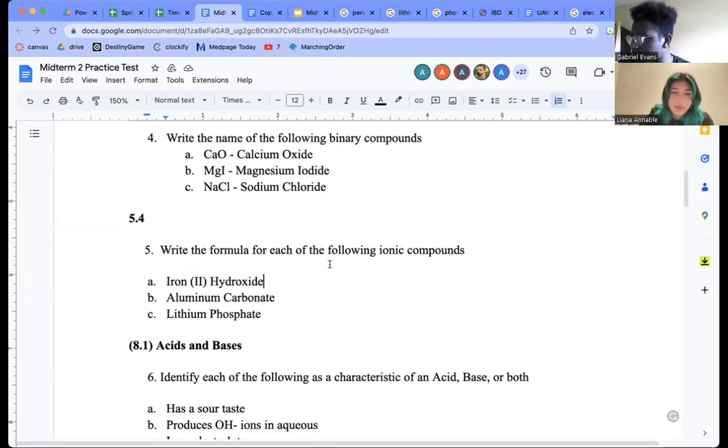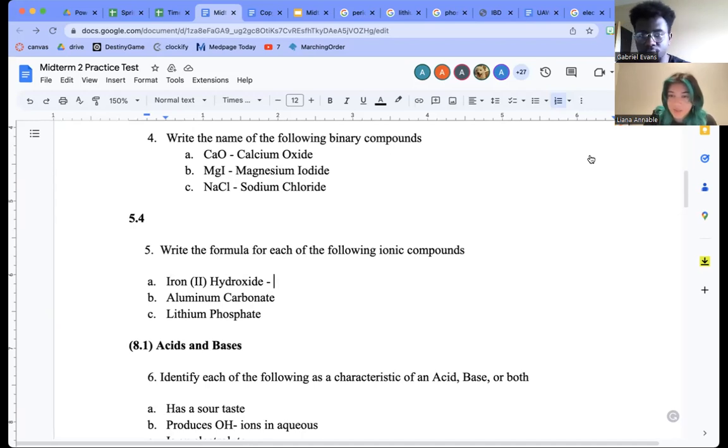All right, so speaking of, what is the formula for iron 2 hydroxide? All right, we got a lot of people saying Fe(OH)2. And yes, this is correct.